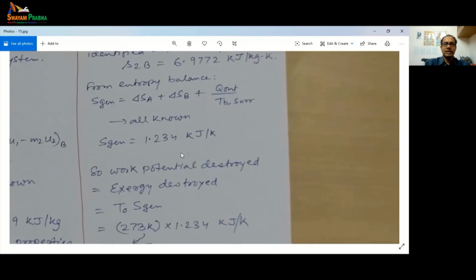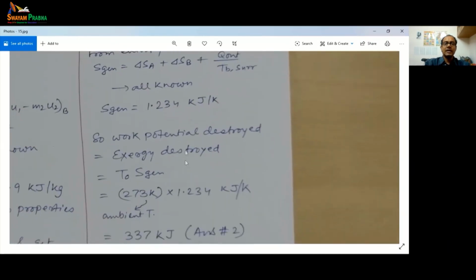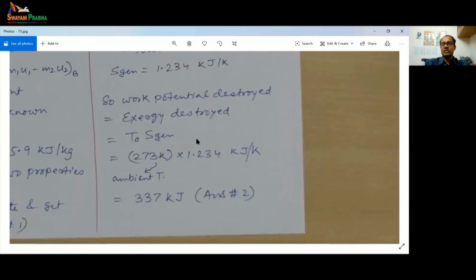So you can find S gen, and then exergy destroyed is simple, T naught times S gen. T naught is given, ambient it's 0 degree centigrade, so 273 Kelvin, and that is 337 kilojoule. That's the exergy destroyed. That means the work potential destroyed.